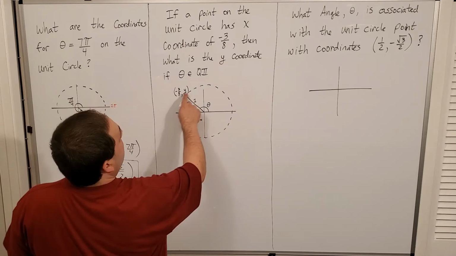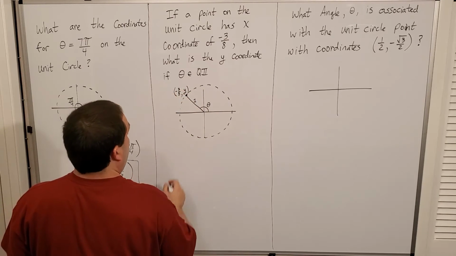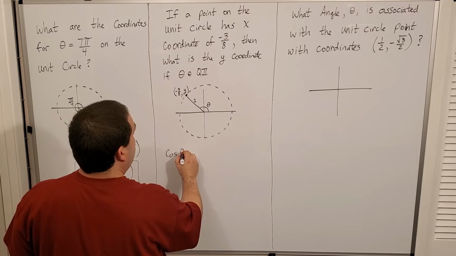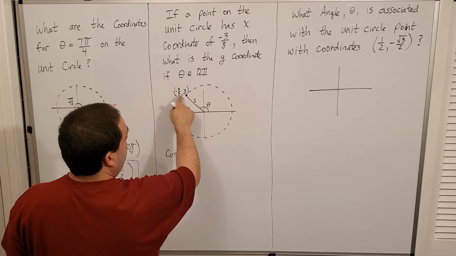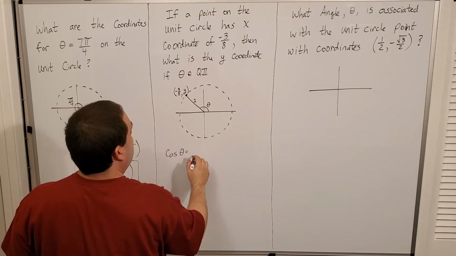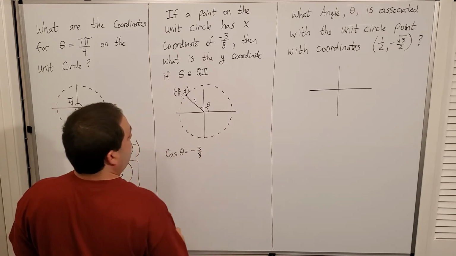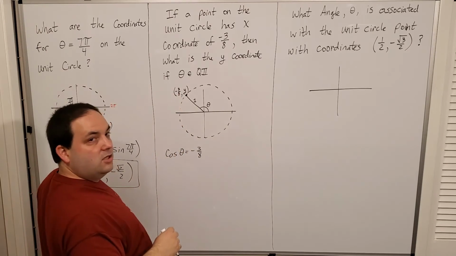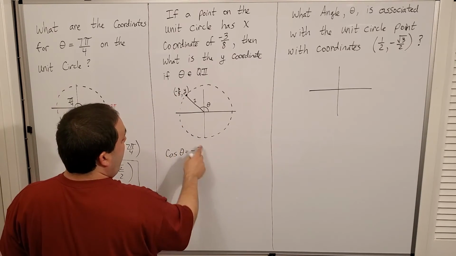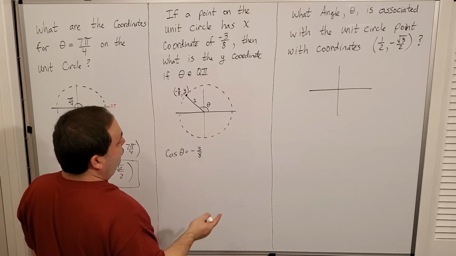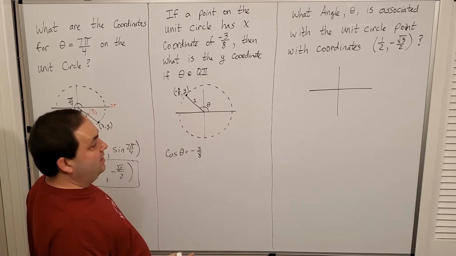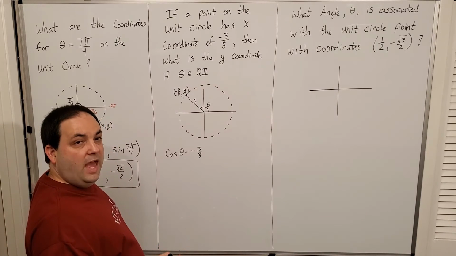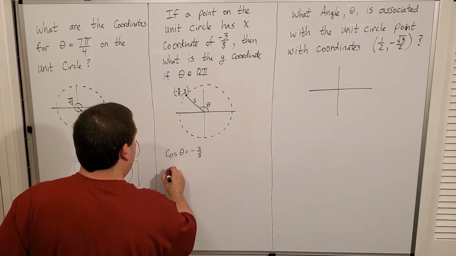Okay, well remember, the coordinates here tell me that the cosine of my angle theta, right? Theta's right here. The cosine of that angle is going to be negative 3/8. Because I'm on the unit circle, the cosine is just the x-coordinate. So from here, what I'm going to do is compute the sine using my Pythagorean identity, right?